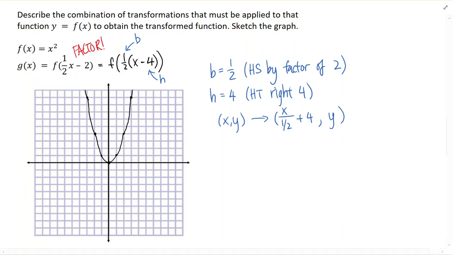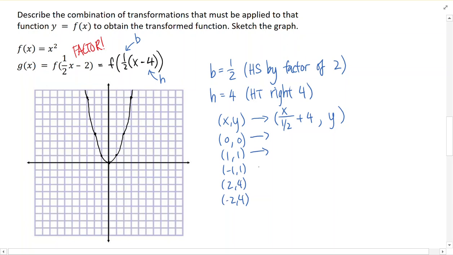Okay, so let's do our mapping. So we have our (0, 0), (1, 1), (-1, 1), (2, 4), (-2, 4). Let's write these down. So x divided by half, you know, when you divide by a fraction, you could just multiply it. So I'm just going to tell you it's basically just 2x, okay?